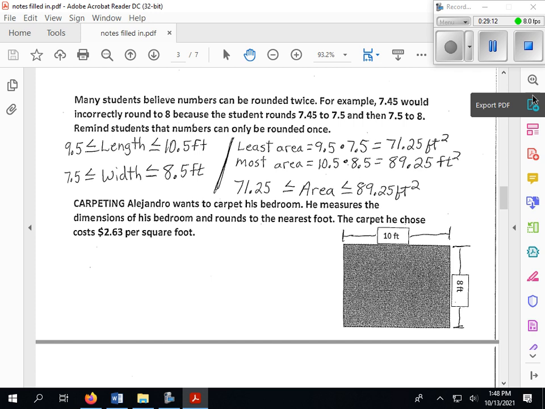So Alejandro probably wants to make sure that the bill, when he gets it, is in between about $187 and $235. Somewhere around in there is about where it should be. So if they come up and tell him the bill's $300, what should he do? He should say, hold on now, something's not right here. Did you multiply right? You might want to figure it out.